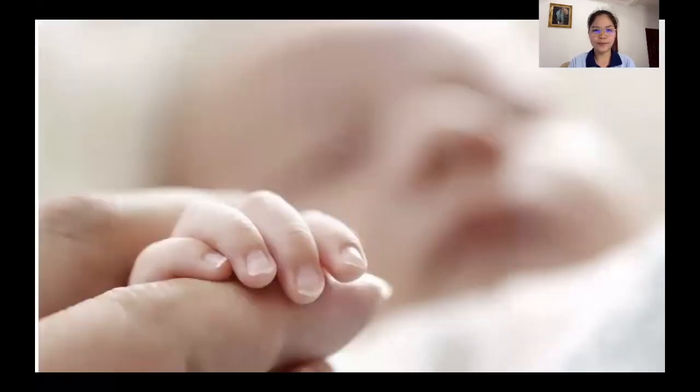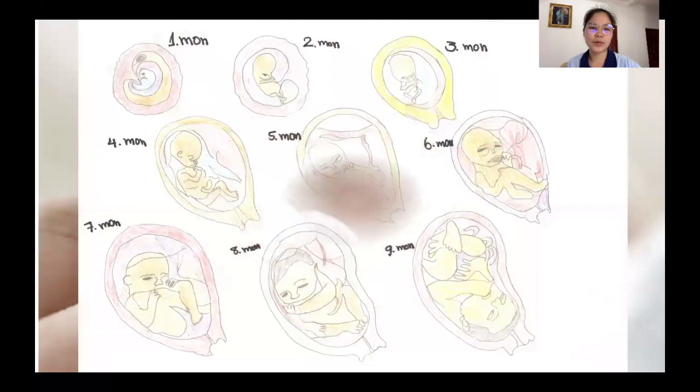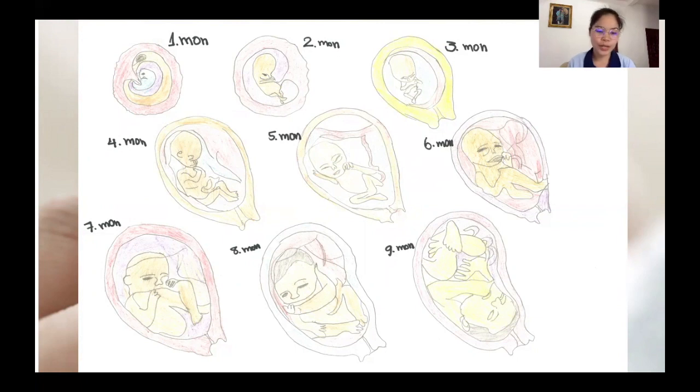Okay, next one. Let me explain it month by month. For the first month, in this stage, a watertight sac forms around the embryo, and it helps the embryo to grow.